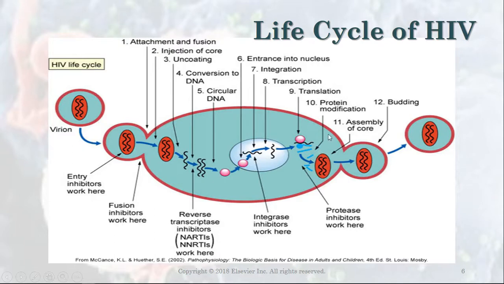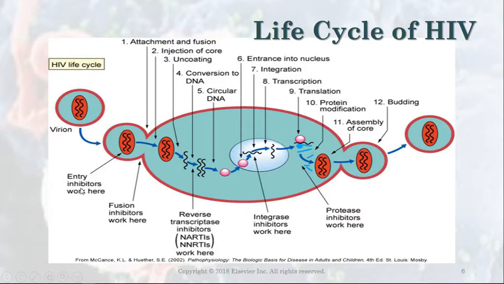Then it has this protein modification and produces genetic material, assembles a core around it, and buds off, and here's a whole new HIV virus. The important thing about knowing the life cycle of HIV is where the different sites for the action of anti-HIV therapy can occur, so where your antiviral medications act.